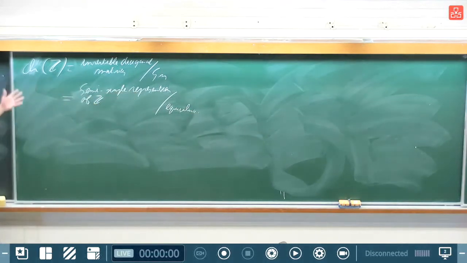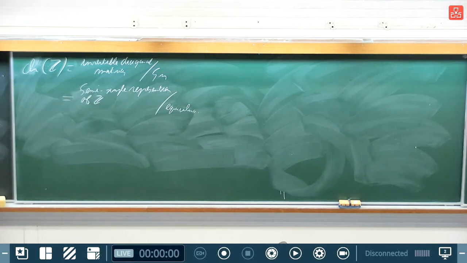So basically, you can map the generator of Z to any matrix. But if you happen to choose a diagonalizable one, it means that the representation can be decomposed as a direct sum of one-dimensional representations.